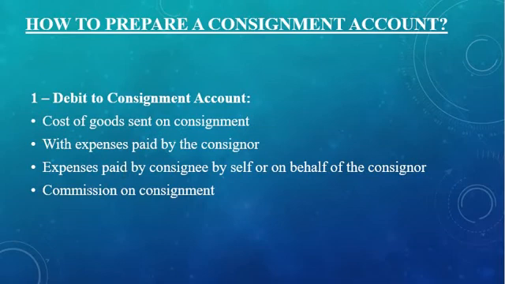Commission on consignment is paid by the consigner to the consignee, so the commission is also debited. All right, so this is what we consider to be the debit side of consignment.